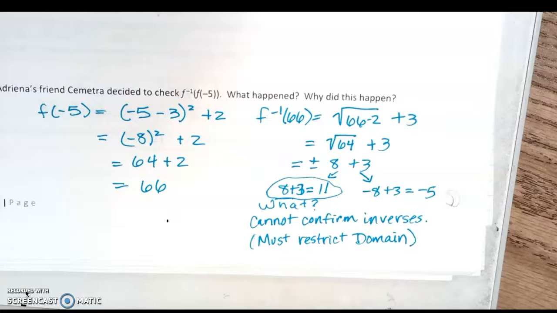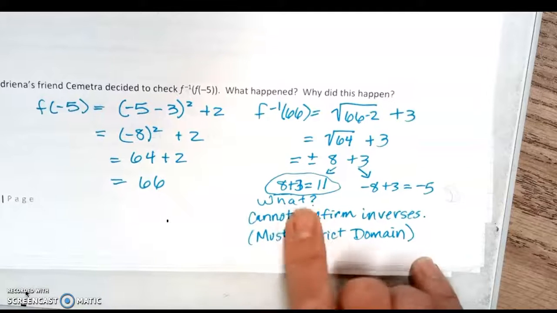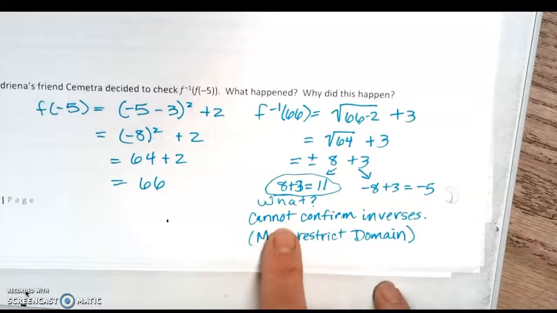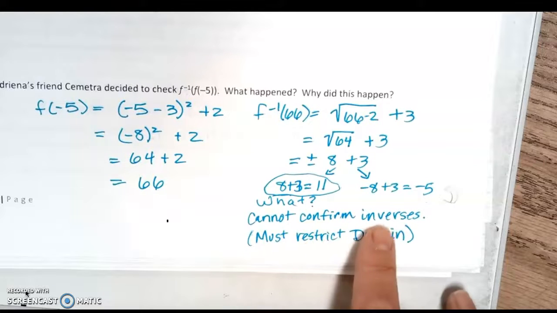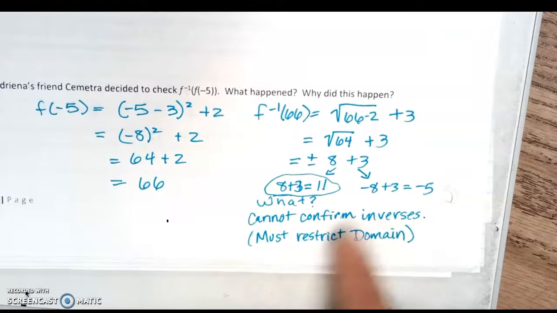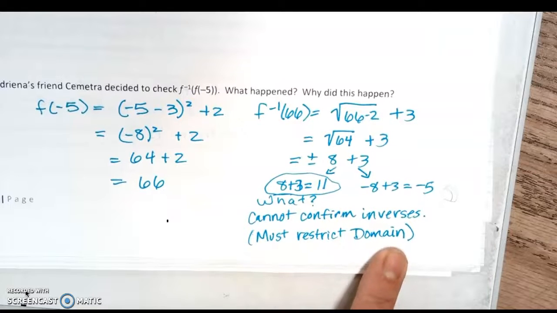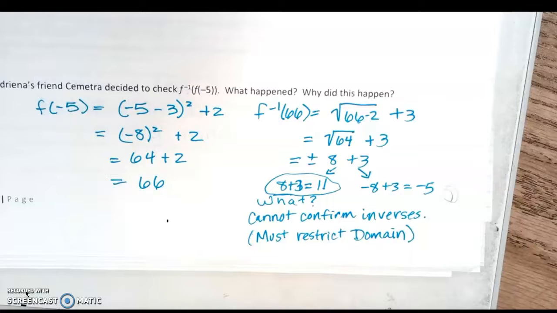That's good, right? Negative 5 is what we expected and wanted, but this 11 right here is not what we wanted. This means we cannot confirm our inverses, and we need to do something called restrict the domain.